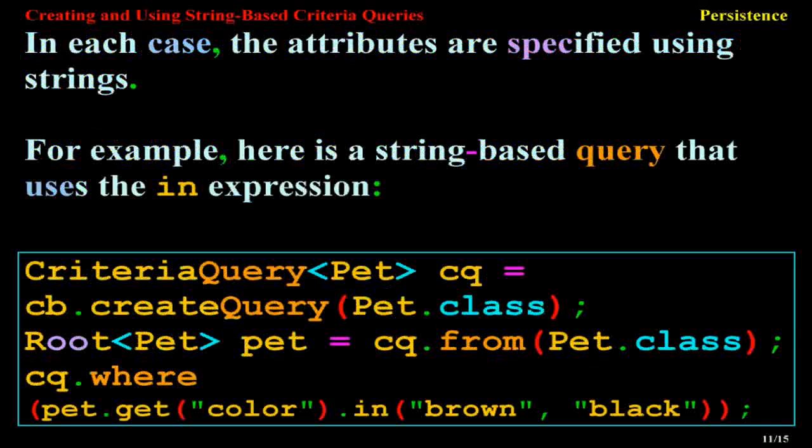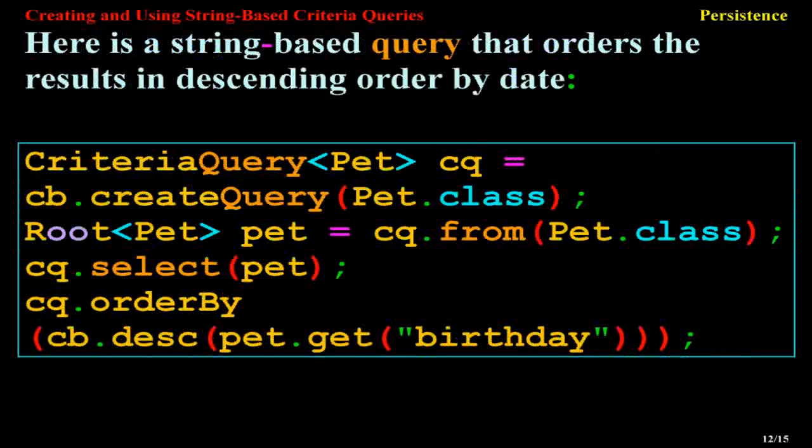In each case, the attributes are specified using strings. For example, here is a string-based query that uses the in expression. CriteriaQuery<Pet> cq = cb.createQuery(Pet.class); Root<Pet> pet = cq.from(Pet.class); cq.where(pet.get("color").in("brown", "black")); Here is a string-based query that orders the results in descending order by date.